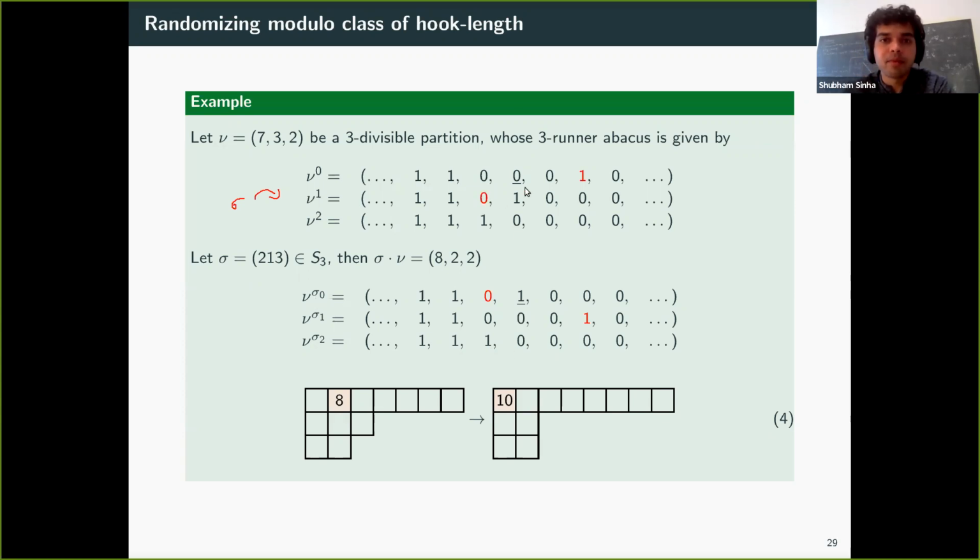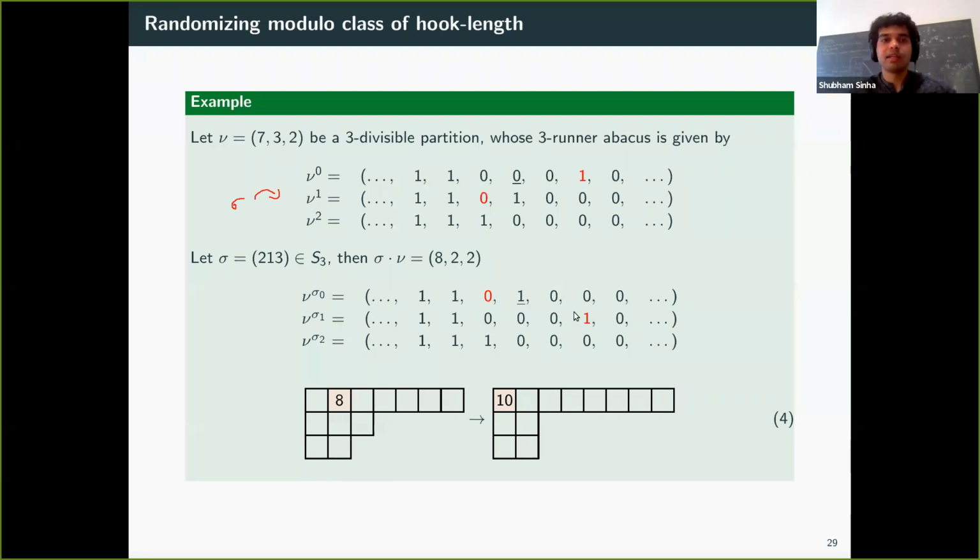But the hook length of this pair 0, 1, the corresponding cell in the M diagram, actually just depends on the position of 0 and 1 in the T runner. It only depends on which row it is in, and when you permute it, it changes. You can change it to a different modulo class. Basically, it permutes all of it as long as they are not in the same row.